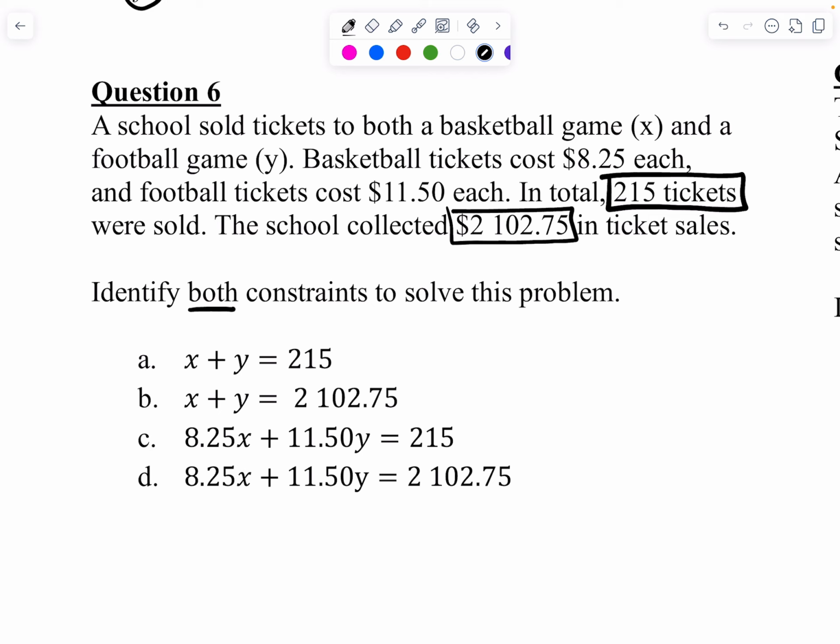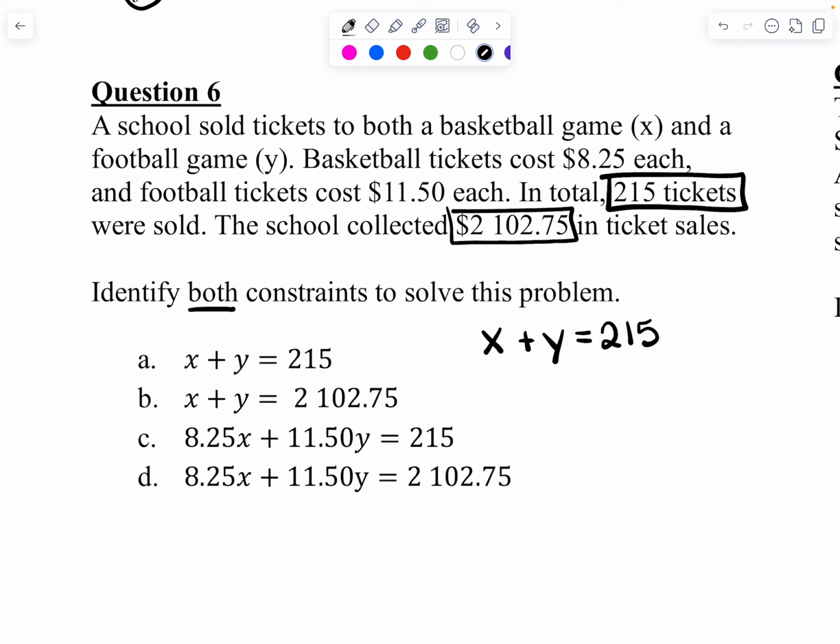Okay? All right, so I'm going to go ahead and start with what I do. I'm not going to look at any of the answers. I'm just going to look at the information and write my own equations. So the first one says it's 215 tickets. So I have basketball tickets and football tickets, and that equals 215 tickets.